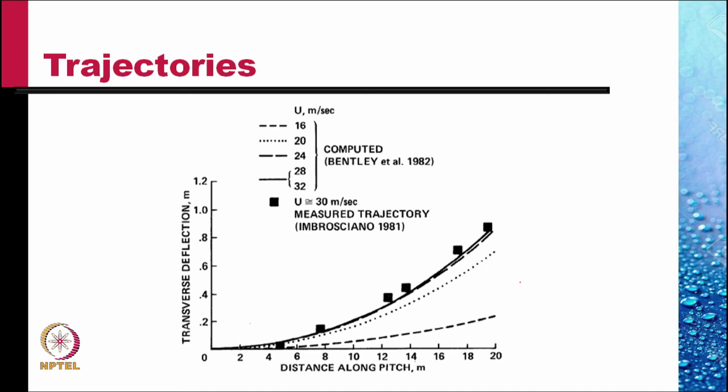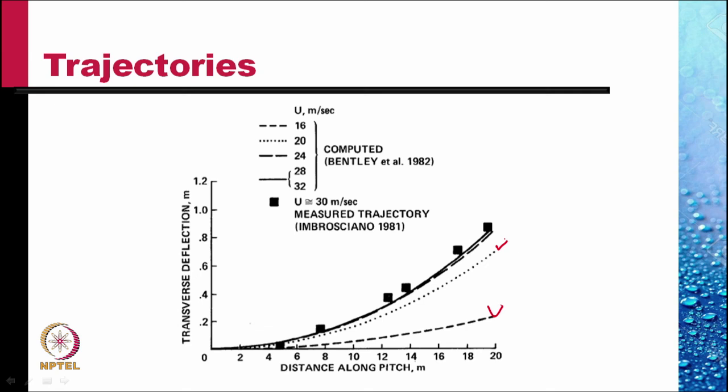This picture shows the trajectory of the balls at various speeds, starting at 16 meters per second, going up to 20 meters per second. These are trajectories calculated from the side force coefficients which we developed earlier and the drag coefficients that we know about a sphere.